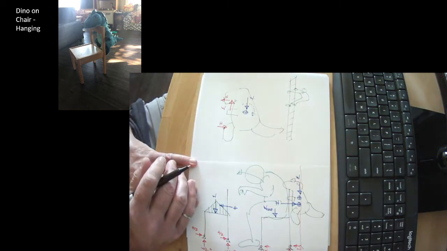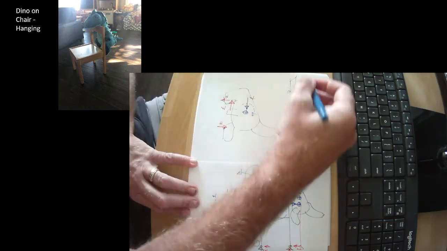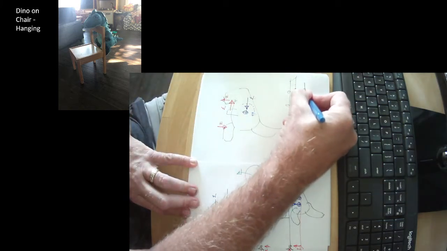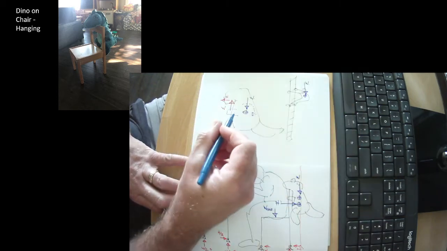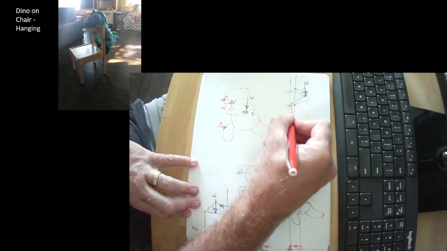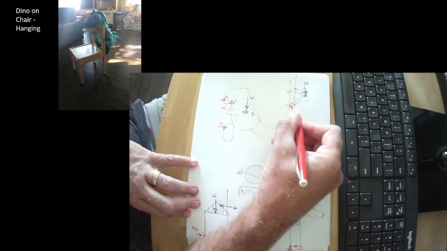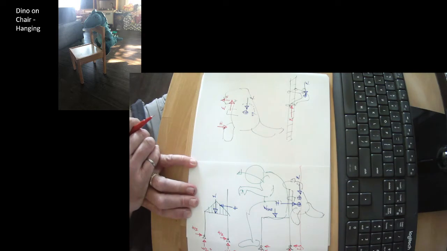So we have someone climbing a vertical ladder. The applied load, of course, is here. That's the weight of the person. We know that all of the vertical gravity load is borne on the feet. The arms don't carry vertical load, at least if you're climbing a ladder properly, they don't.